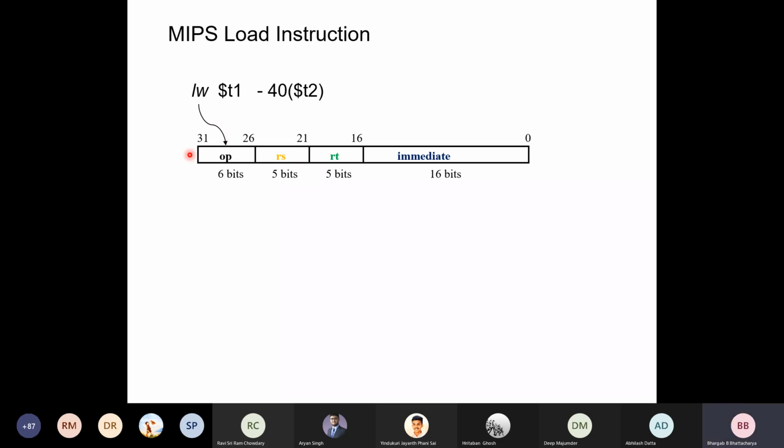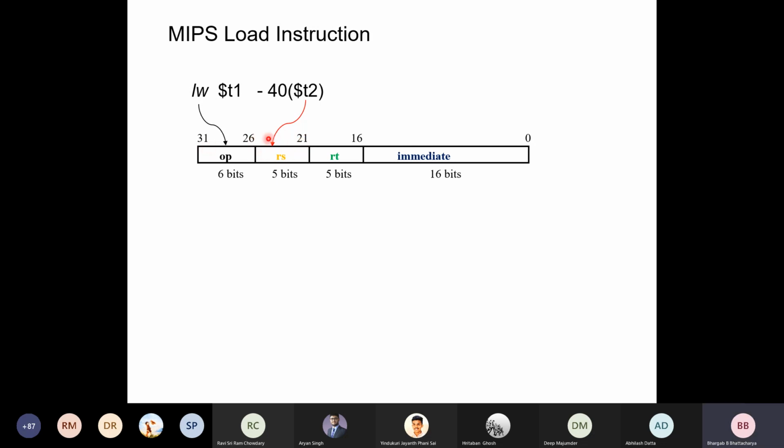So there are 2 registers here. One is called the source register, and this is the destination register. The identity of T2 is designated here using 5 bits, because there are altogether 32 registers. So in order to designate one register, I need 5 bits, the bits from 21 to 25.